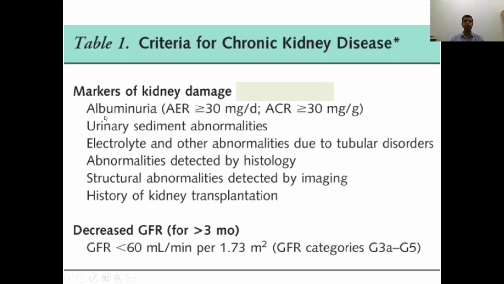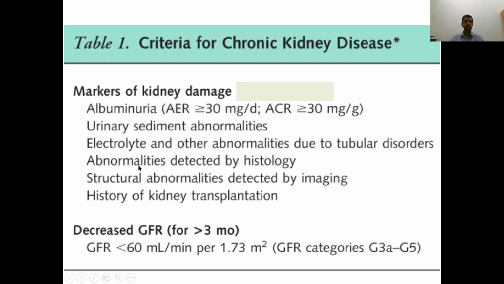Patient could be having continuous proteinuria and albuminuria of more than 30 grams per day. Urine sediment abnormalities, for example, things like continuous hematuria going on for more than 3 months. It could be electrolyte abnormalities secondary to tubular problems.